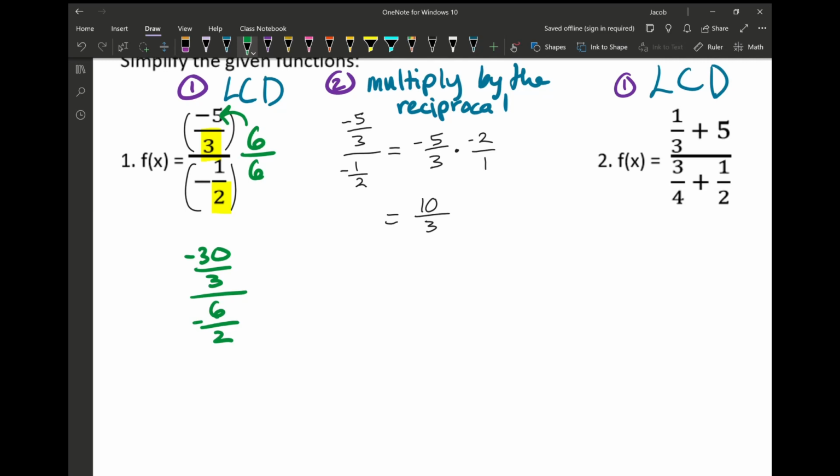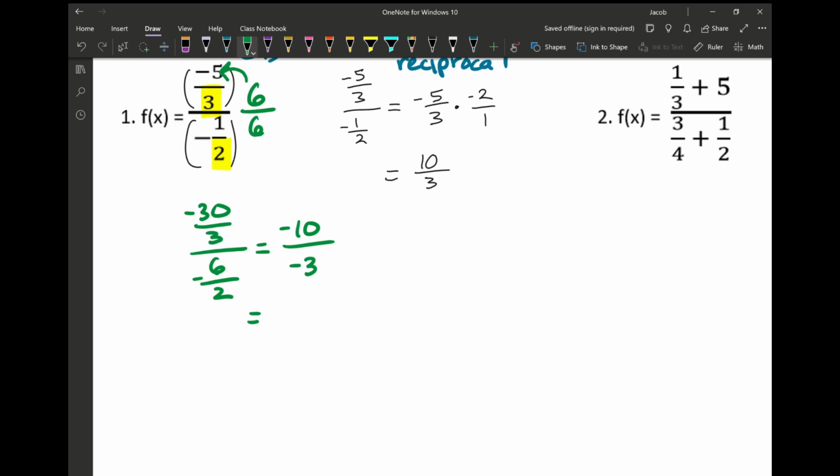And these are easily simplified now. We'll just simplify them separately in the numerator and the denominator to get -10 over -3, which is the same answer as what we got by multiplying by the reciprocal.